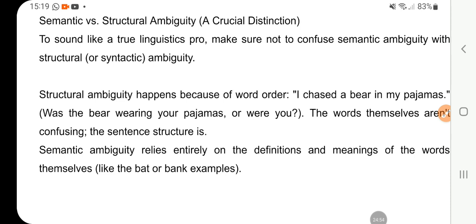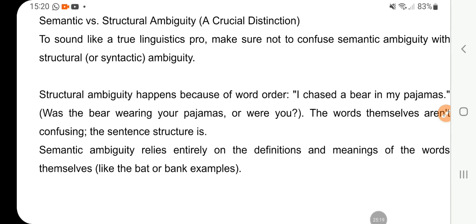So here I'm winding up. You must have got at least a little idea about semantic ambiguity. Here we had discussed lexical ambiguity. Lexical or semantic ambiguity is almost the same, and structural or syntactic ambiguity is almost the same.